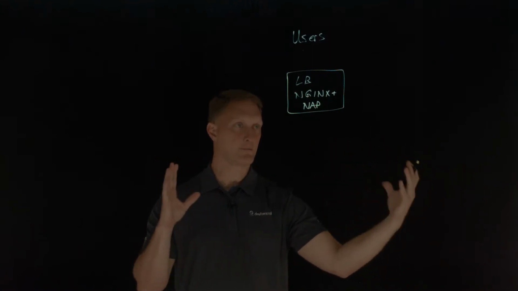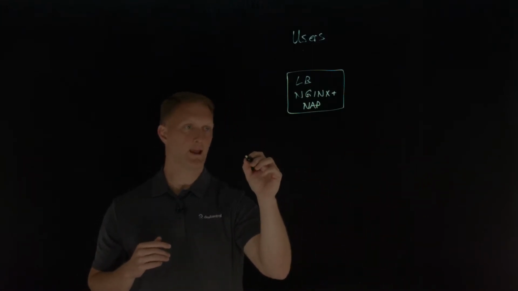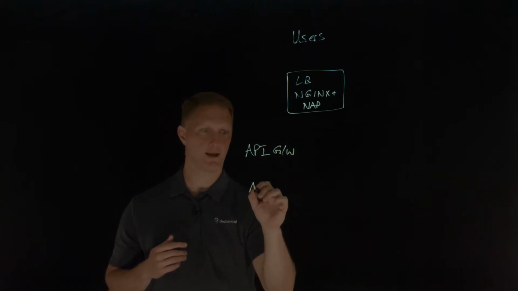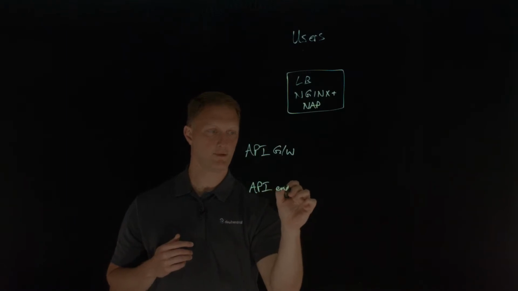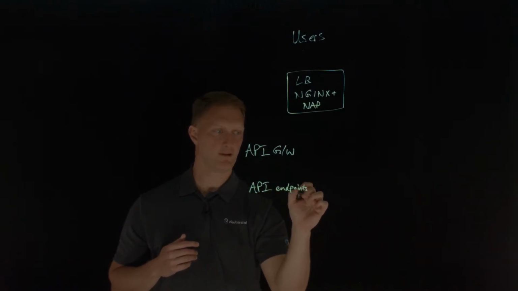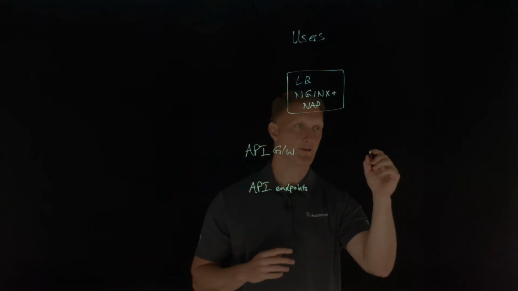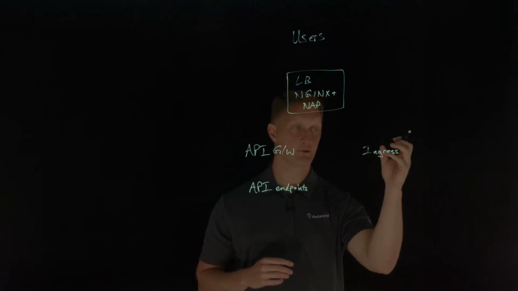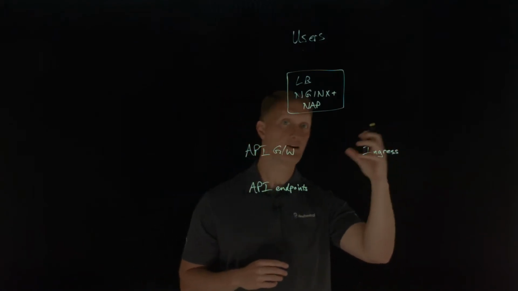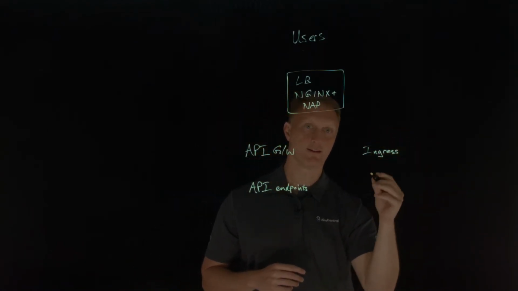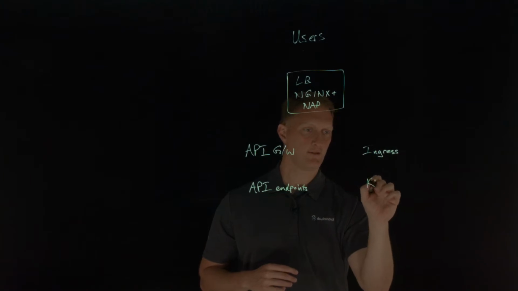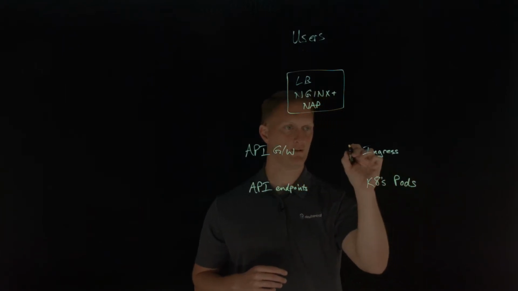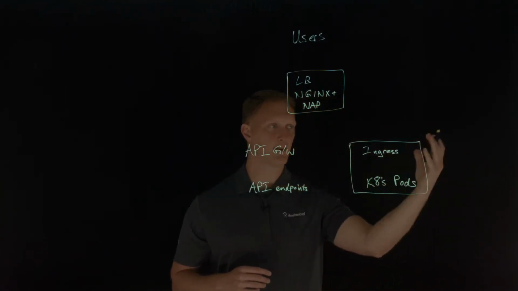Then, for purposes of illustration, you have maybe an API gateway, and then you have API endpoints for various APIs. Maybe over here you have an ingress controller, and there is an NGINX ingress controller where you can install NGINX App Protect there as well. And then let's say you have Kubernetes, K8s, pods down here hosting a variety of applications. So this is like a Kubernetes cluster.